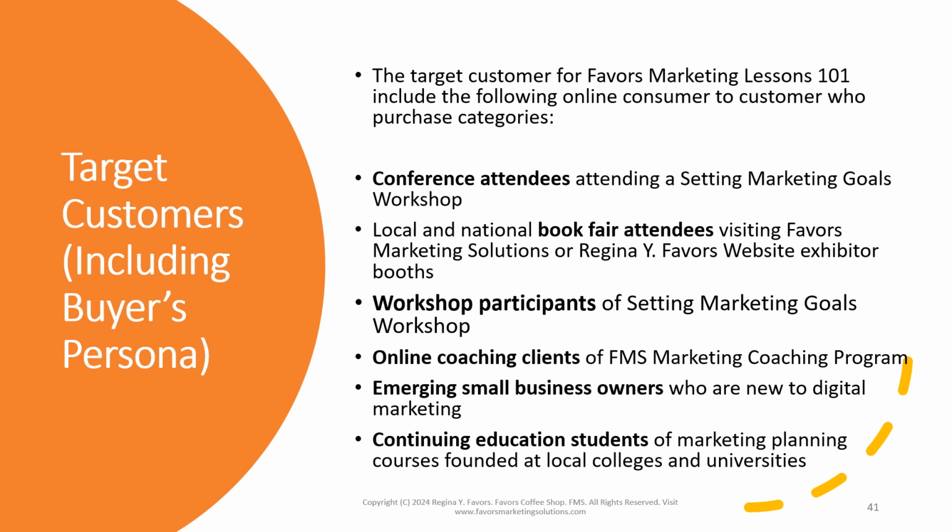And then you have your workshop participants that I create for myself, apart from a conference. And then online coaching clients of the coaching program, any emerging small business owners who are new to digital marketing, and then continuing education students of marketing planning courses founded at local colleges and universities. So these are your target customers for Favors Marketing Lessons 101 titles.